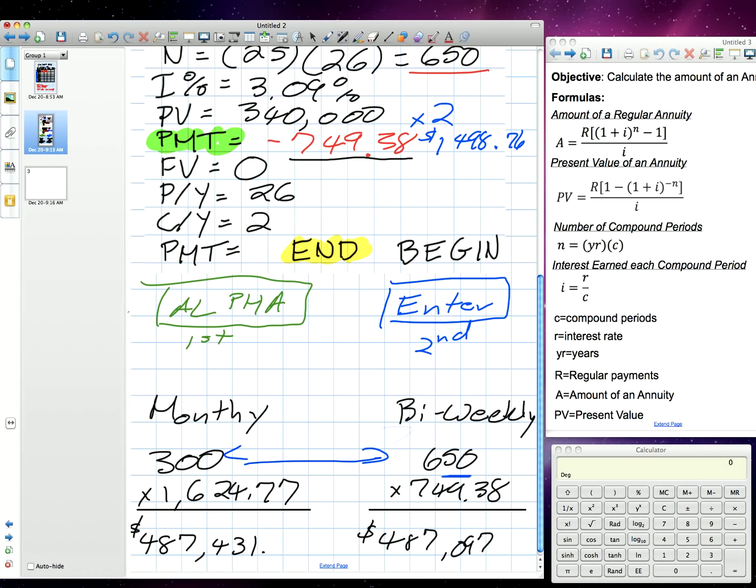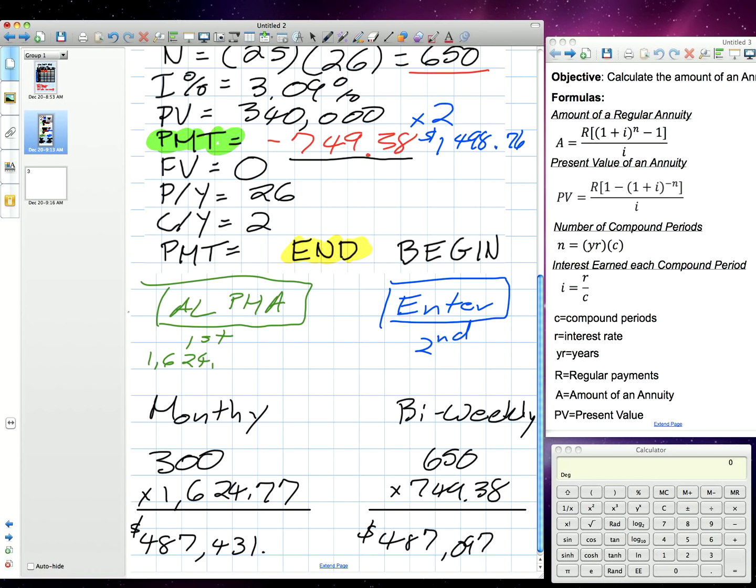Now, if I was only making twice the amount of payments as monthly, I would only make 600 payments. But because it's bi-weekly, every year I make an extra 2 payments, which works out to a total of 50 more payments. So let's figure out per year how much I spend on the mortgage.